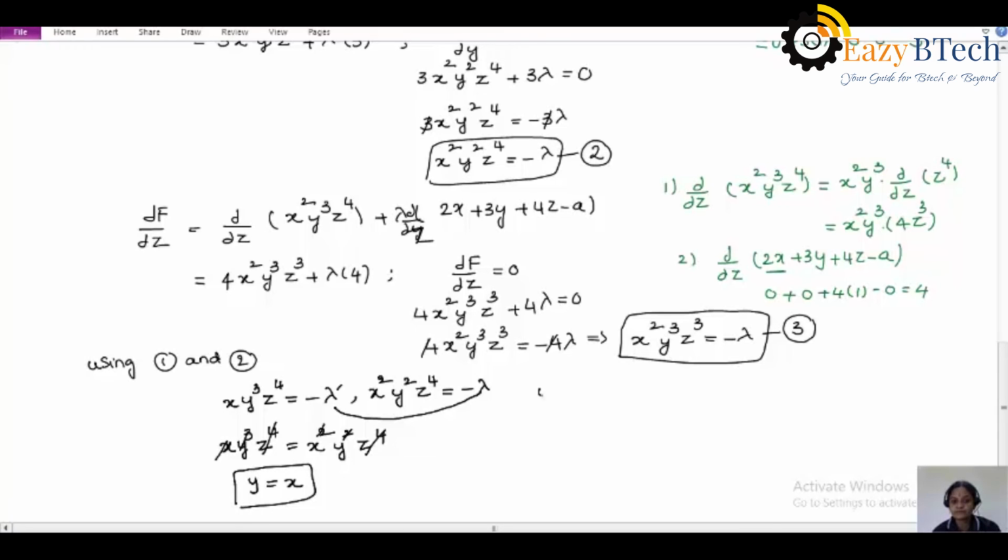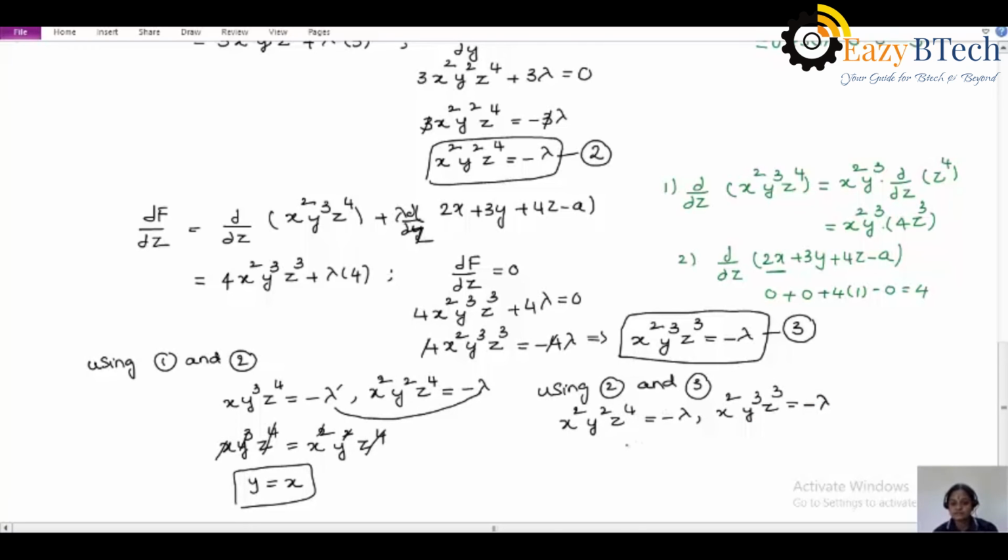Similarly, using 2 and 3. What is the second equation? x²y²z⁴ = −λ. And the third equation, x²y³z³ = −λ.